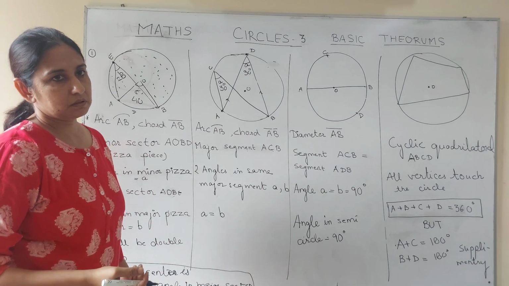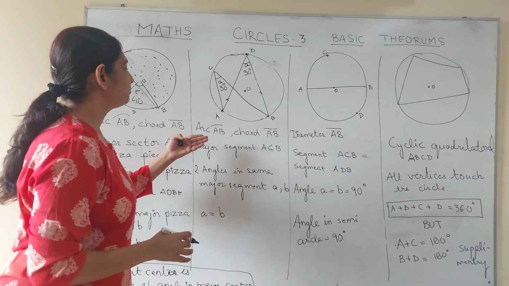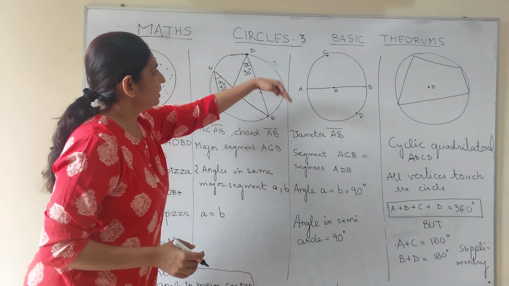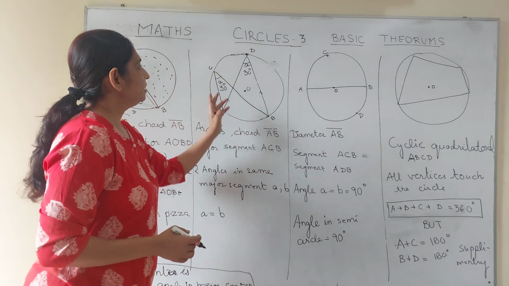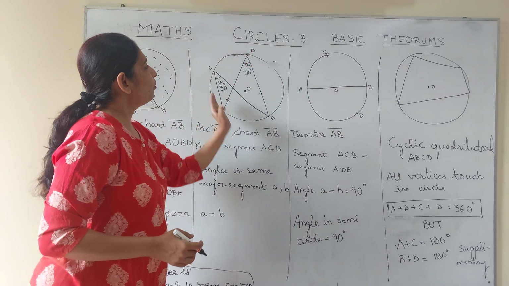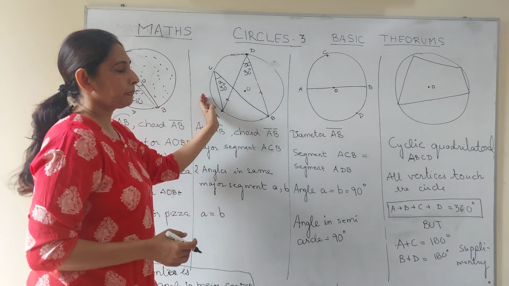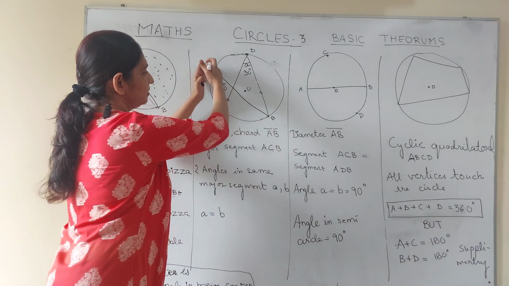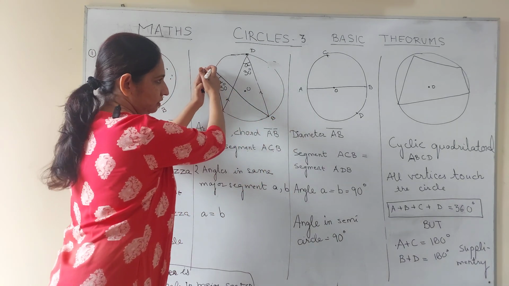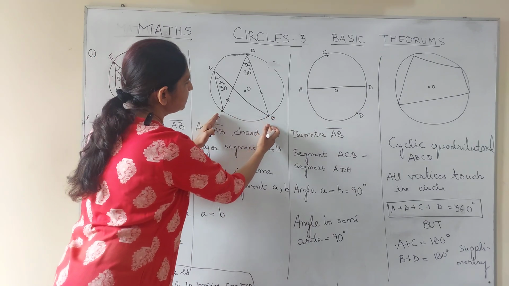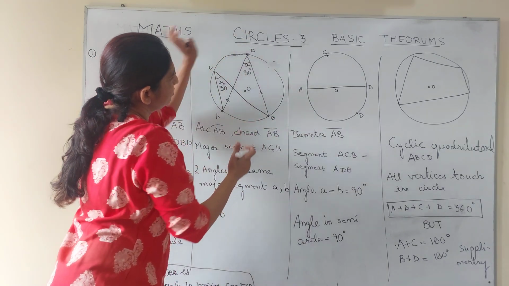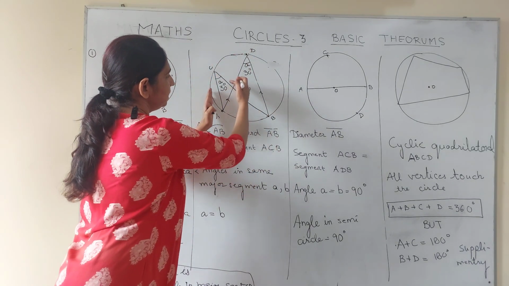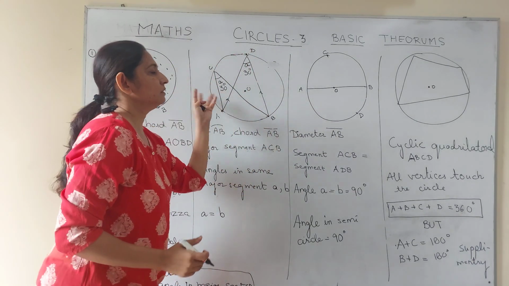That is what the theorem is. Now let's come back. AB is the arc. We have a major segment. CD are any 2 points on the major segment. Now from A and B, if I draw an angle to C, or from the same 2 points, I draw another angle at point D. I take it to point D. I take it to point C. Both the angles will be equal.